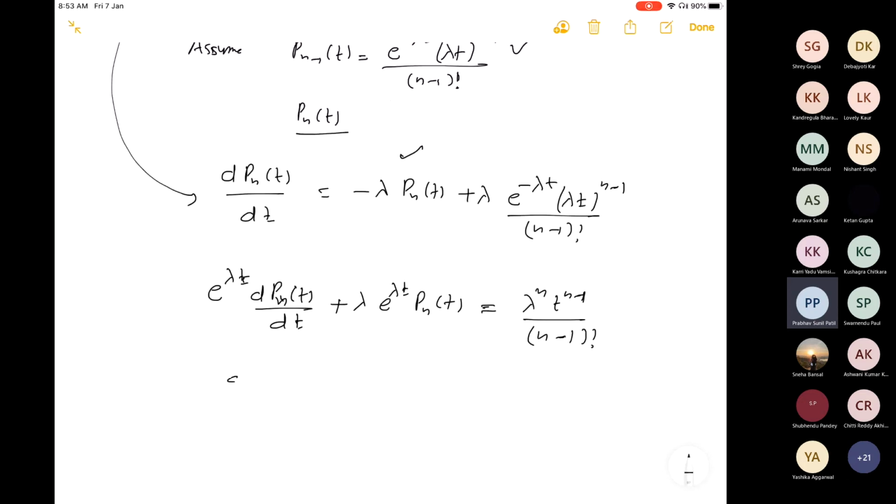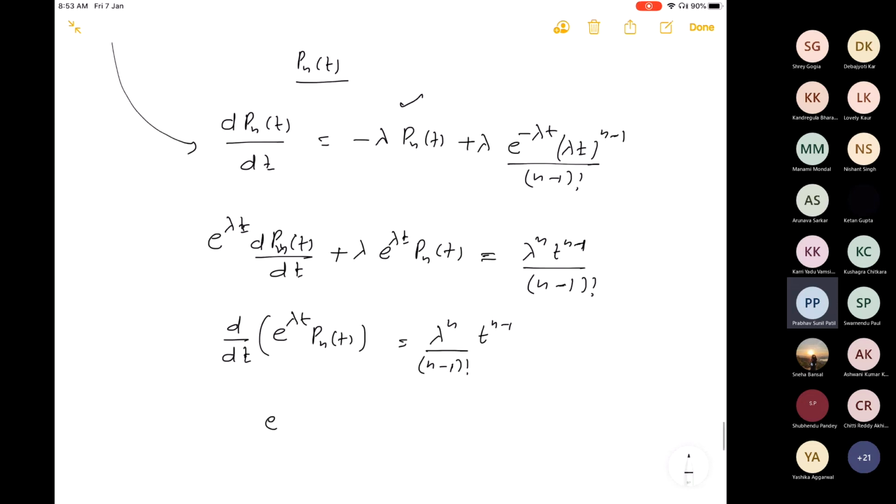So this is the derivative of e raised to power lambda t Pn T, because this is e raised to power lambda t times derivative of Pn T plus Pn T into derivative of e raised to power lambda t.